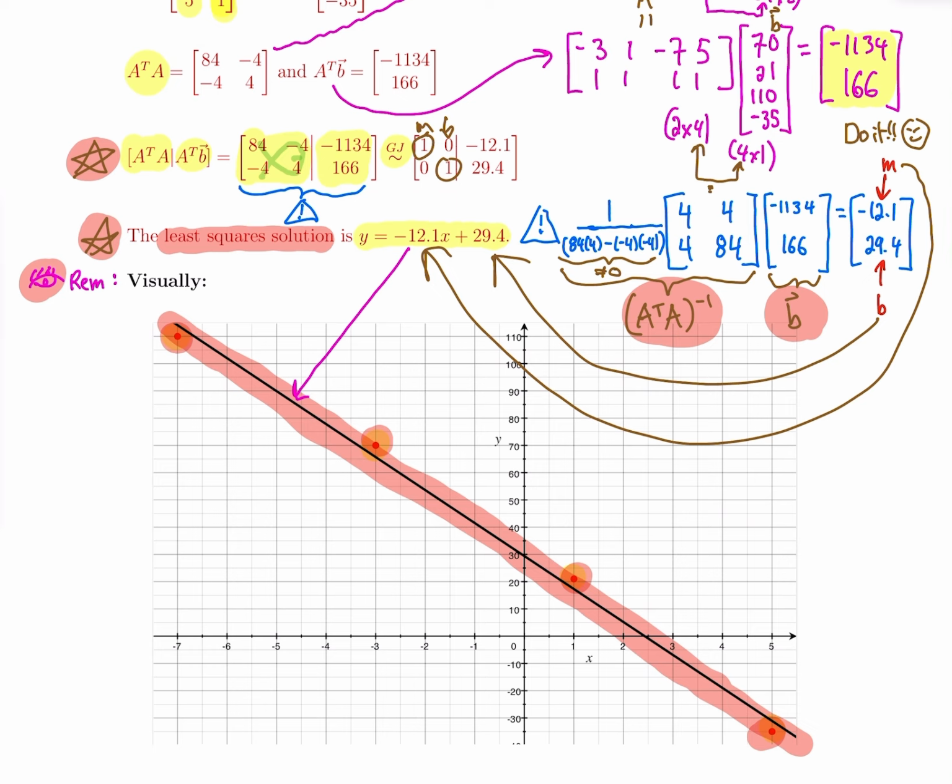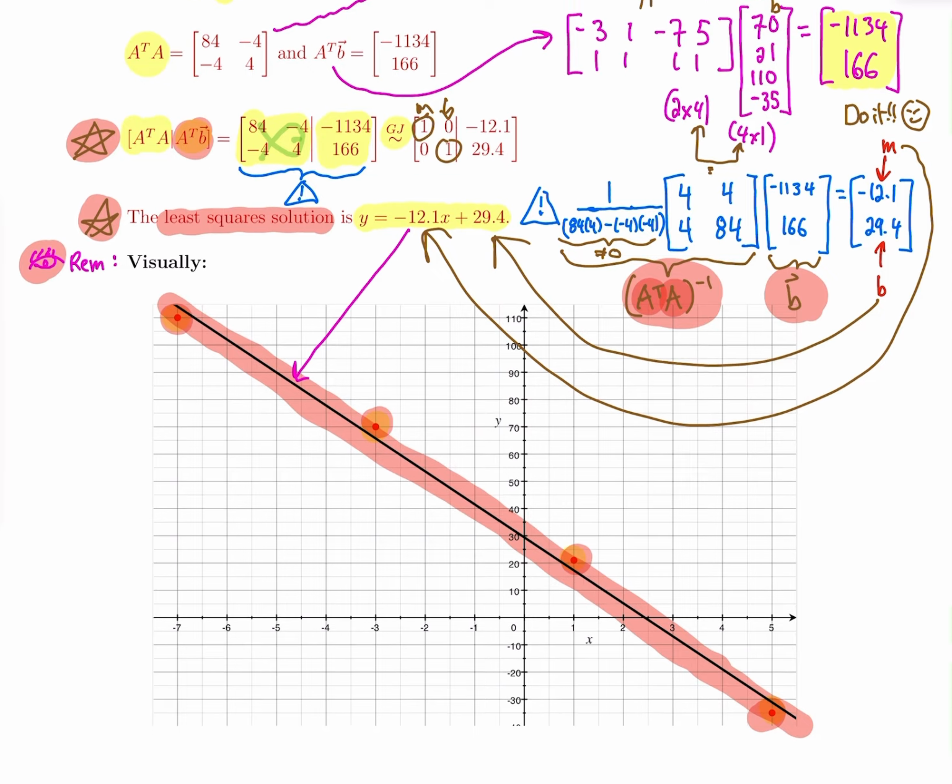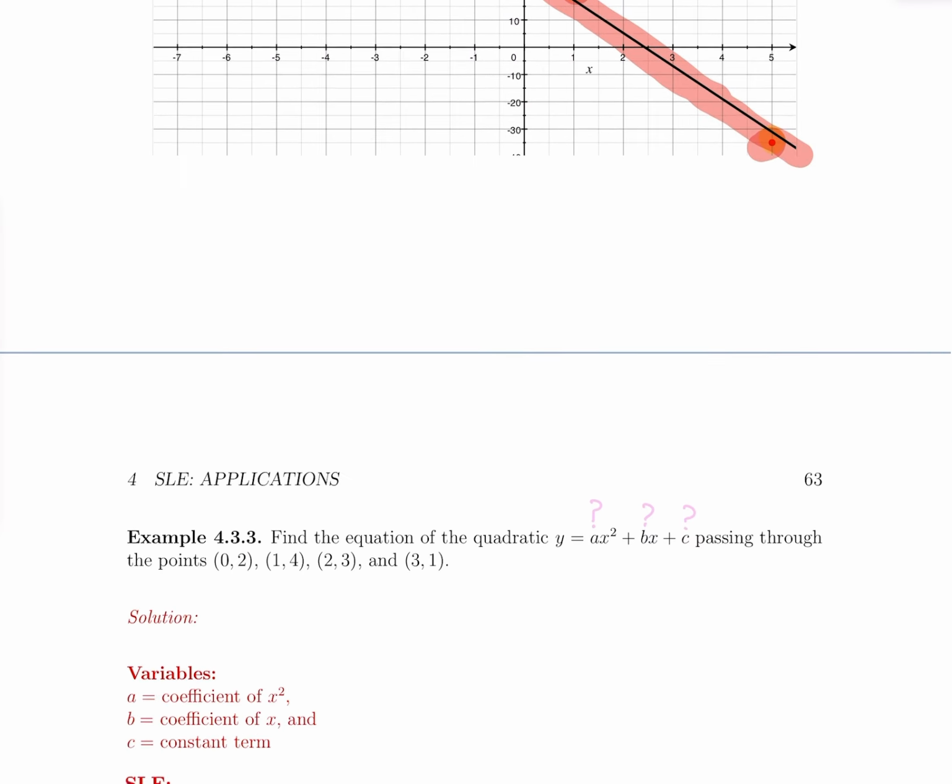Then there's a bunch of multiplication, A transpose times A and also A transpose times B. This will give you a square system, and then you have to solve that square system. For a 2 by 2, using the inverse is the best way. And if you have a question that leads to a 3 by 3, the best way is by using Cramer's rule.